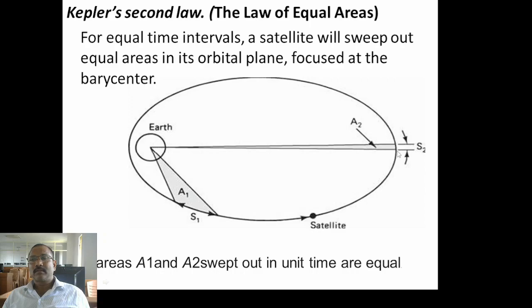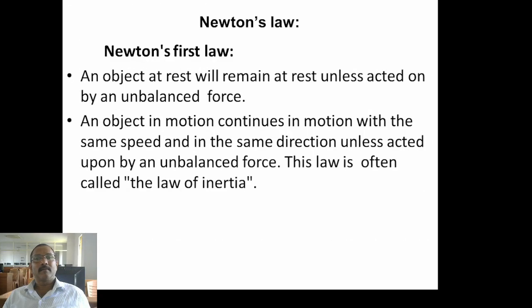If the time interval of S1 is equal to S2, it means that the area A1 will be equal to A2. So the areas A1 and A2 will be swept out in equal time. That is the second law.